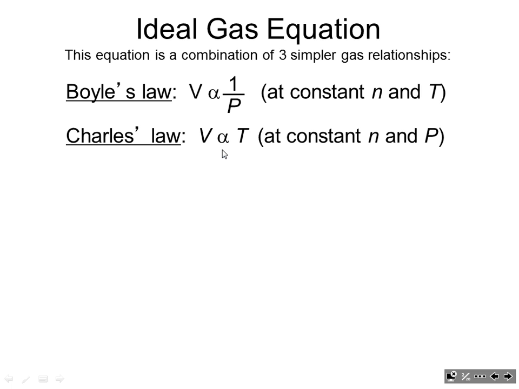What would happen to the volume? It would decrease. Excellent. So that's a direct relationship. See how I've got the inverse right here, 1 over P? When I just have the T there, it is direct. So volume is directly proportional to temperature if I have constant amount of moles and a constant pressure.